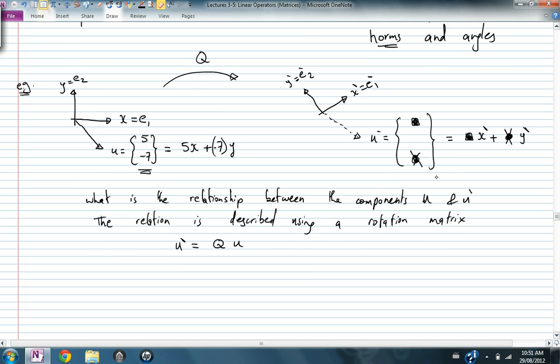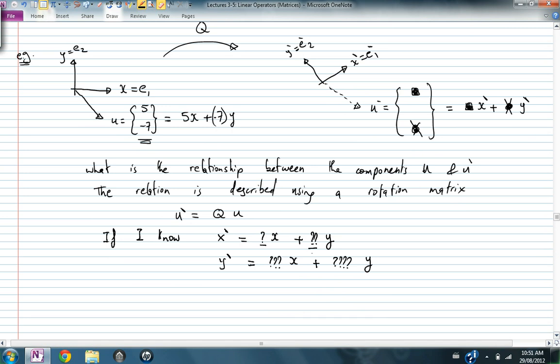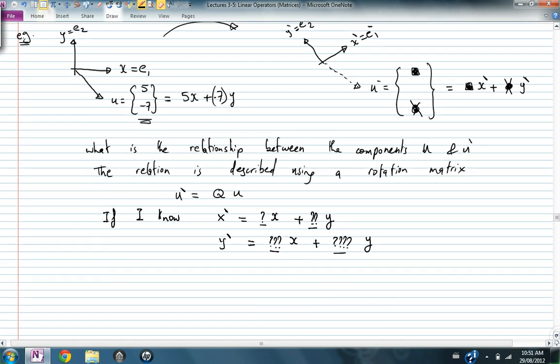And it's easy to see that if I know x prime is equal to how many x's plus how many y's, and y prime is equal to how many x's plus how many y's, where each of these is a number, then I can simply say that u prime is equal to this component multiplied by x prime plus this component multiplied by y prime.